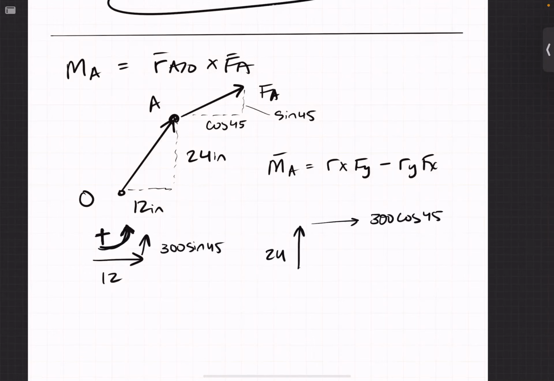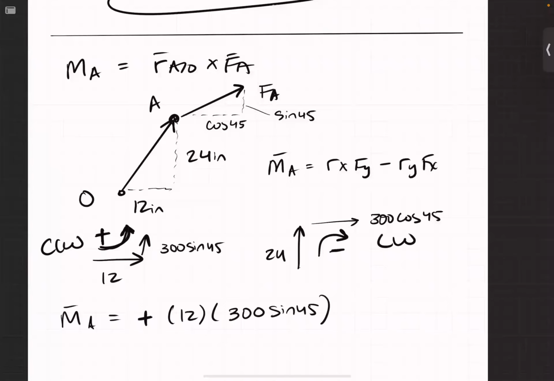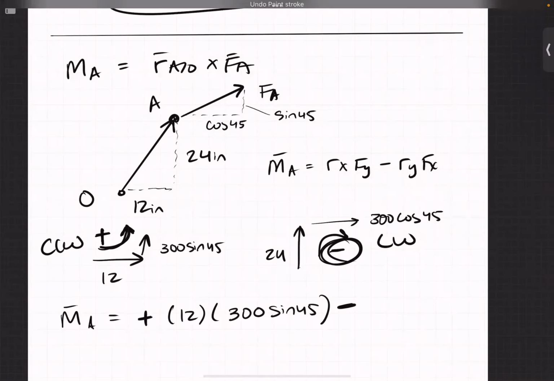Counterclockwise, therefore positive. Clockwise, therefore negative. Our moment at A is equal to a positive 12 times 300 sine 45, negative 24 times 300 cosine 45.